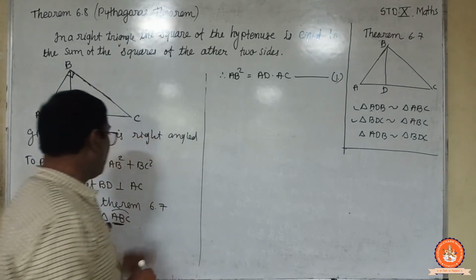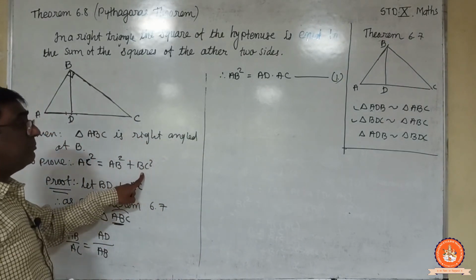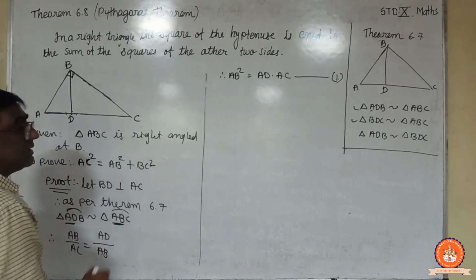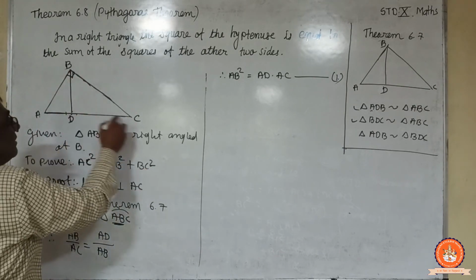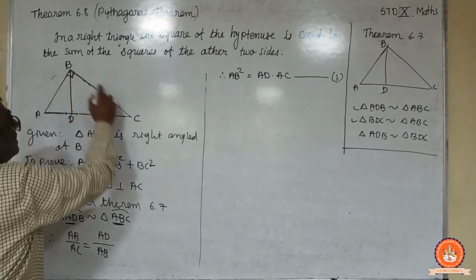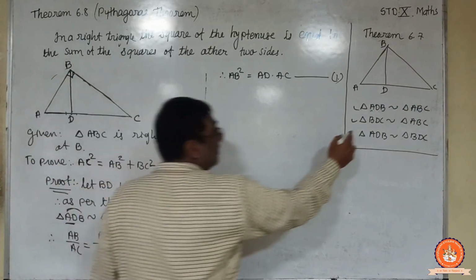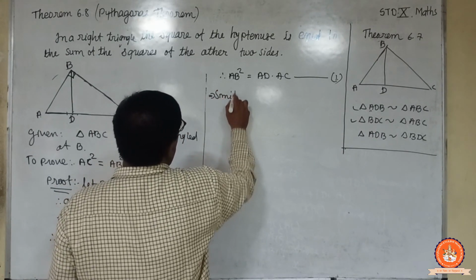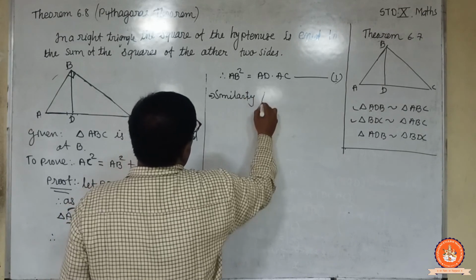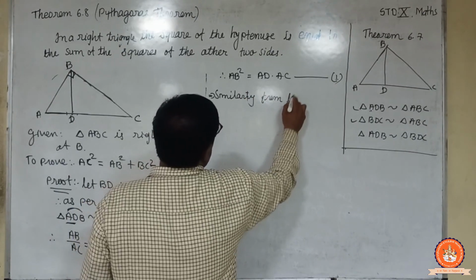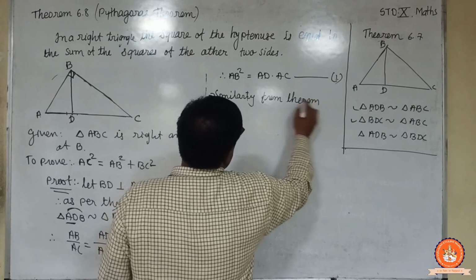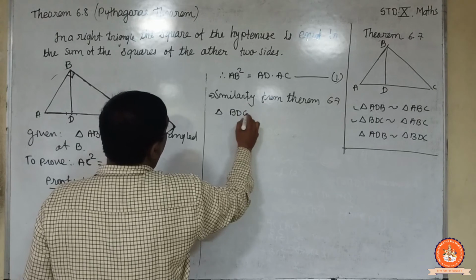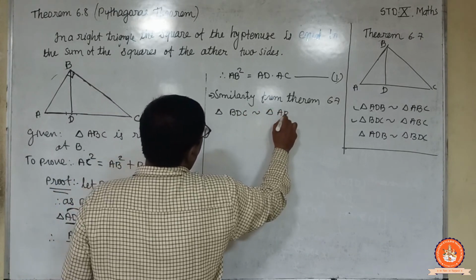Now we also want BC square. And BC square यानी BC कौन से दो ट्रायंगल की साइड है? एक BDC में भी BC है और एक ABC में भी BC है. तो हम इसका यूज करेंगे BDC, so similarly from theorem 6.7 we can write that triangle BDC is similar to triangle ABC.